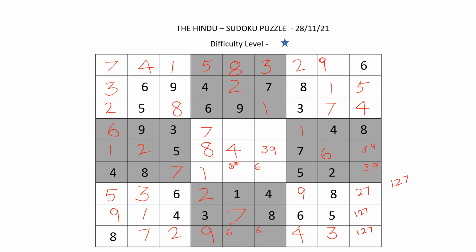Now, since there is a 7 and 2 here, automatically we can crack down this. Here 7 and 2 cancel out and this becomes a 1. And this 1 and 7 cancel out and this becomes a 2. And this automatically becomes a 7.